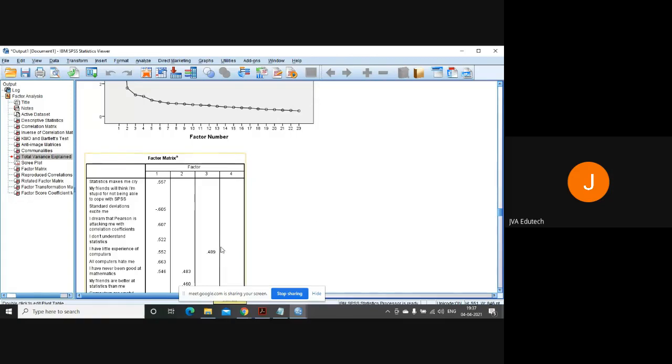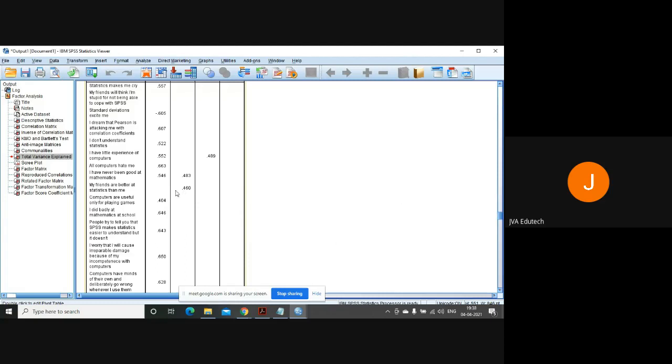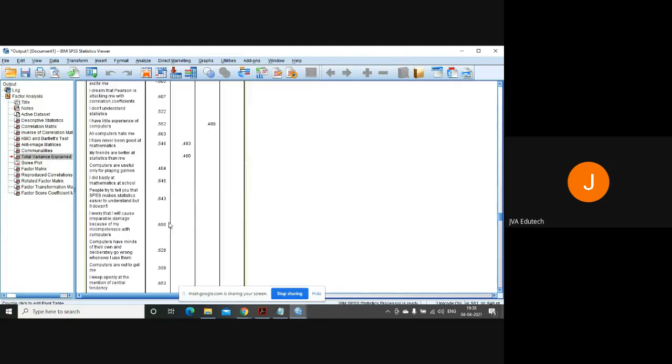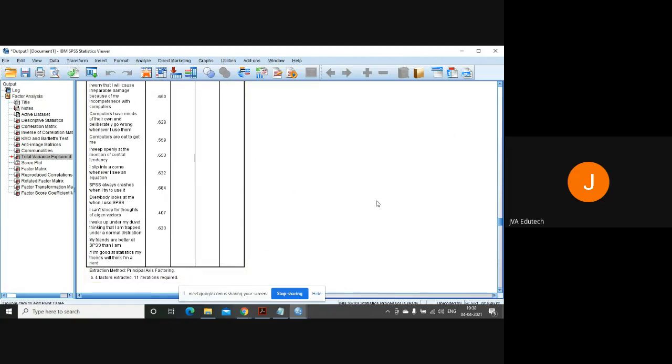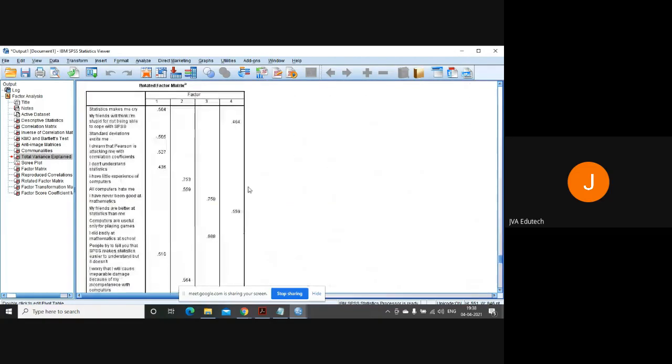And here we have the cutoff at 0.4. So keep in mind that every value above 0.4 will be taken into account. Here also on 2, only 2 items are converging. Others are only converging at the first one. This is not a good fit. So we will see the rotated matrix for better interpretability. And you can see after rotation, see that table we got after factor extraction.